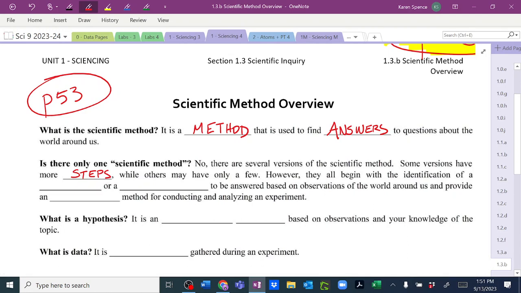However, they all begin with the identification of some sort of problem or question to be answered based upon observations of the world around us and to provide an organized method for conducting and analyzing an experiment.